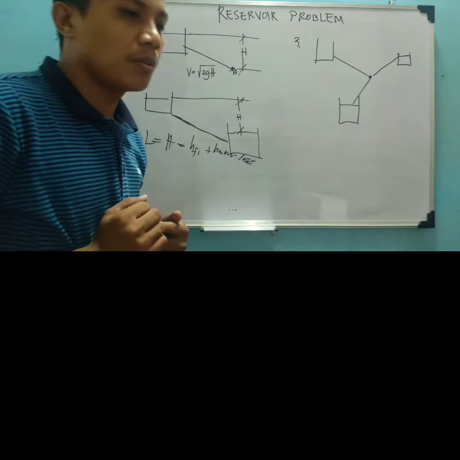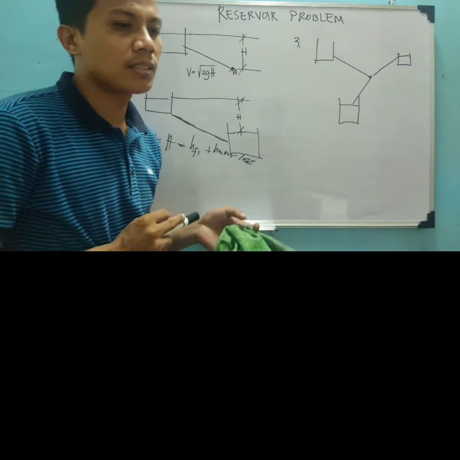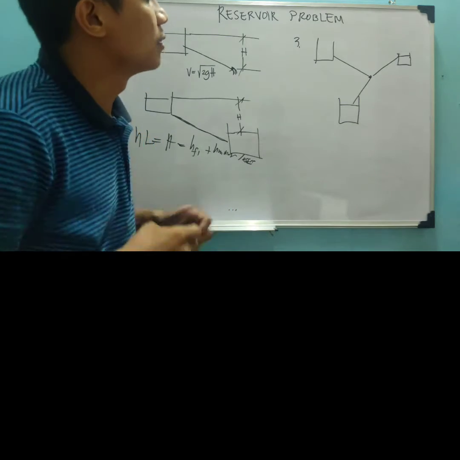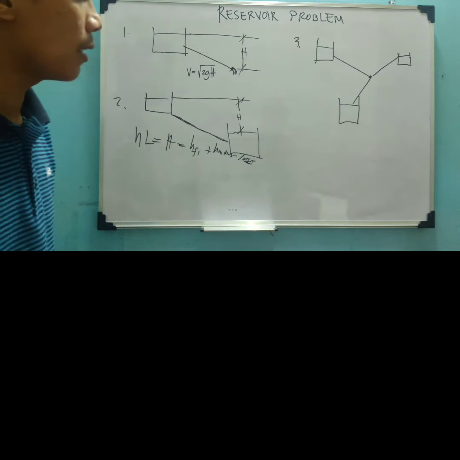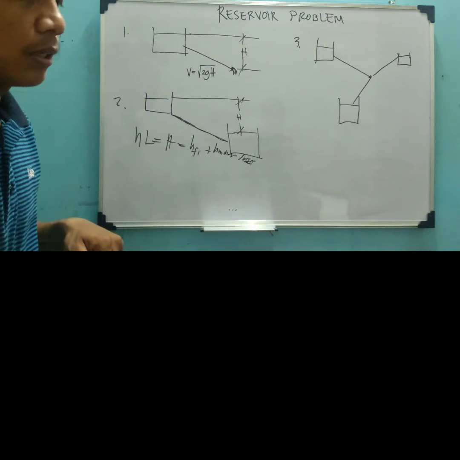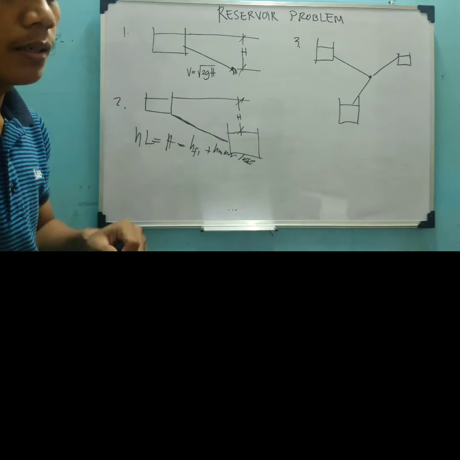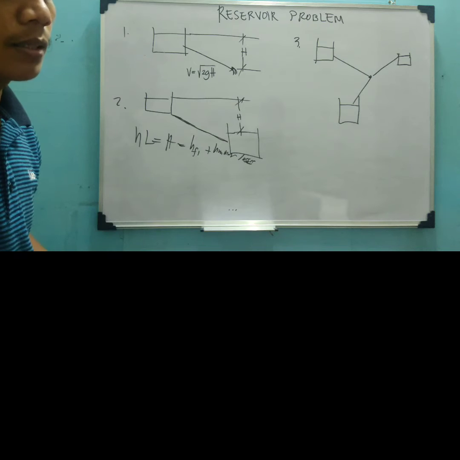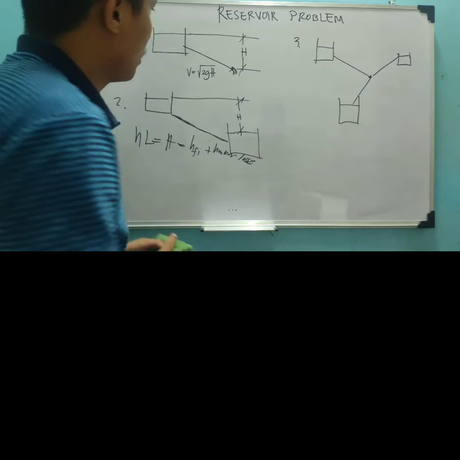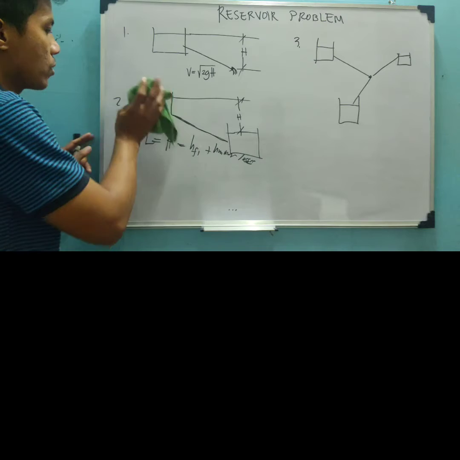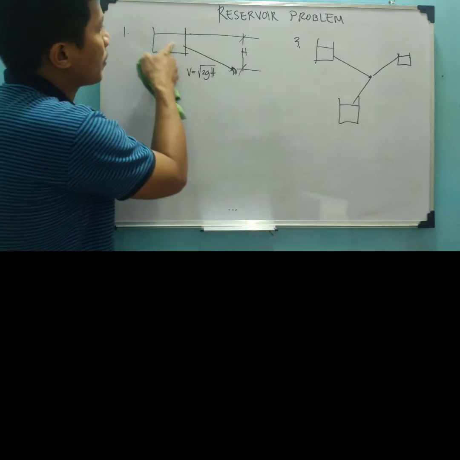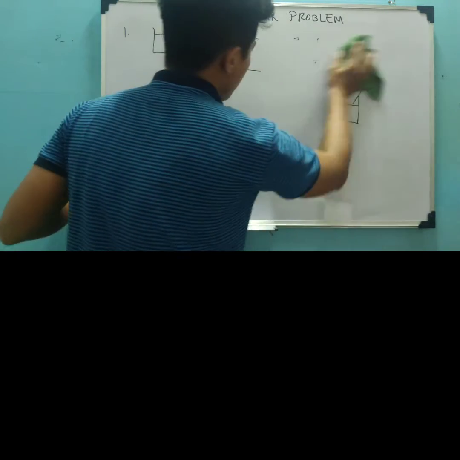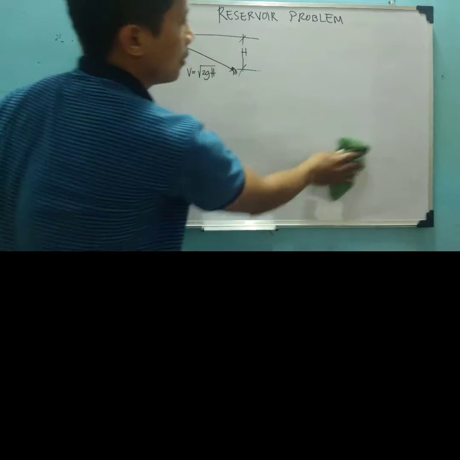You can't use Bernoulli's equation there. It has a separate method on how to solve the three reservoir problem. So, let us start first with a reservoir discharging through a pipe.